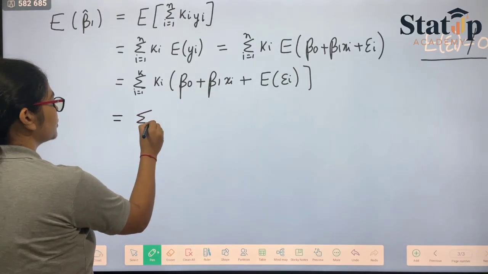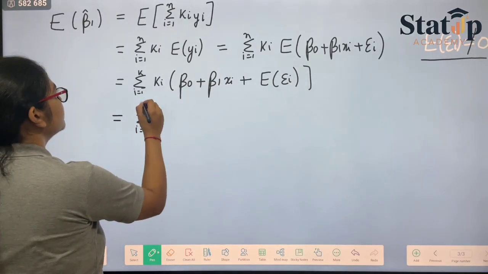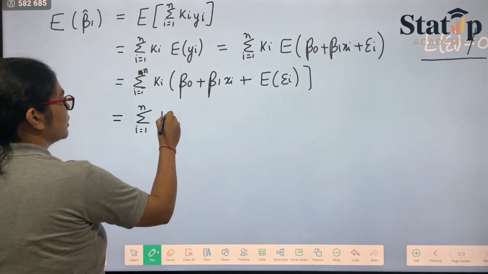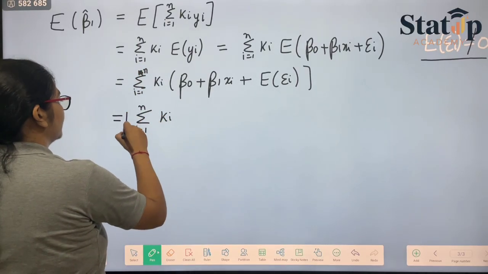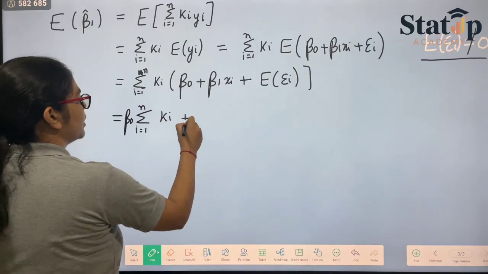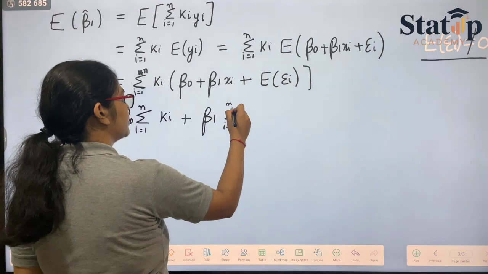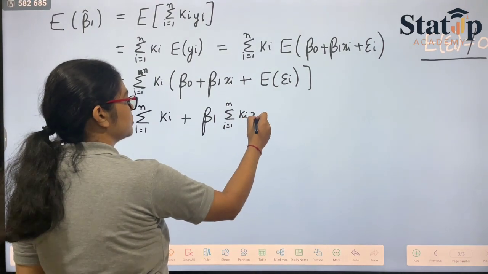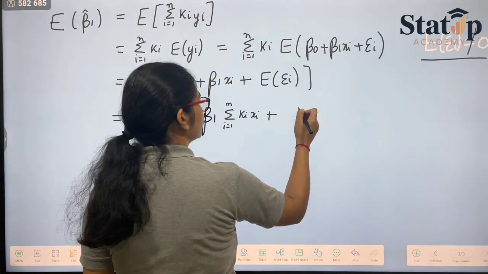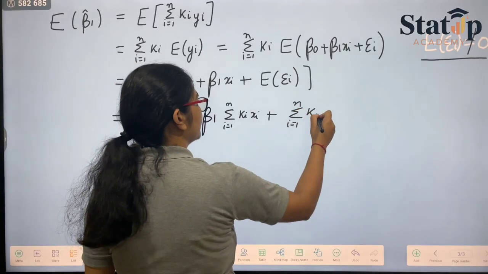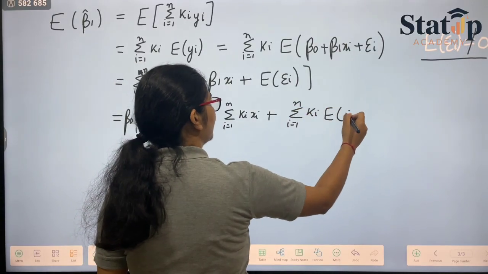We will get summation i goes from 1 to n, this is n, ki beta naught plus beta 1 summation i goes from 1 to n ki xi plus summation i goes from 1 to n ki expectation of epsilon i.